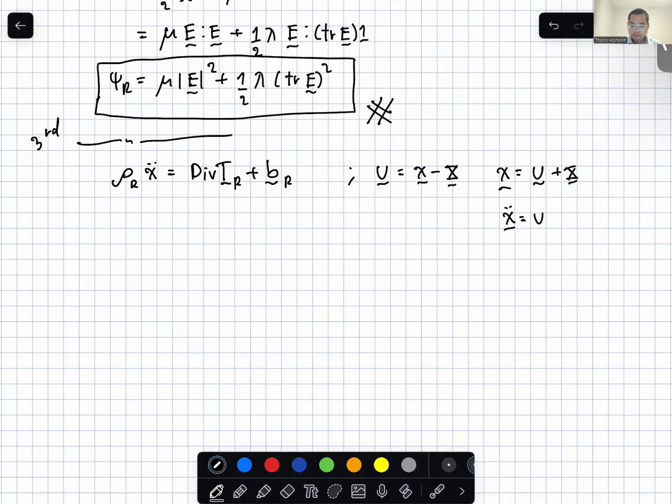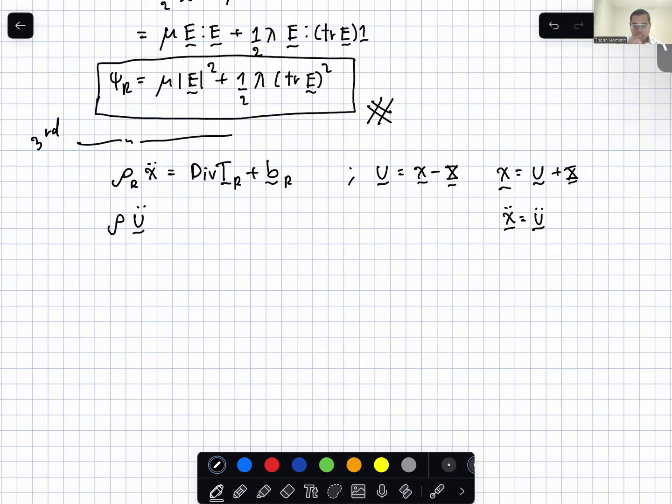So we can write rho in terms of displacement as rho times u double dot.